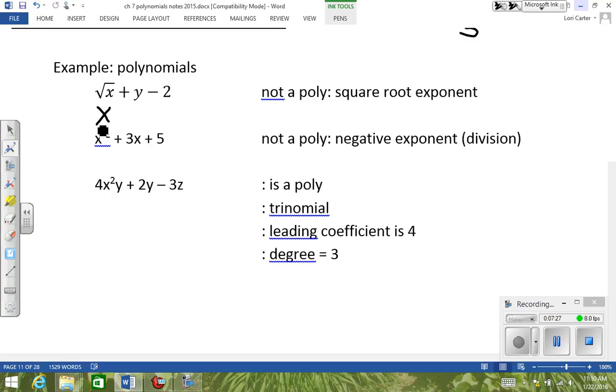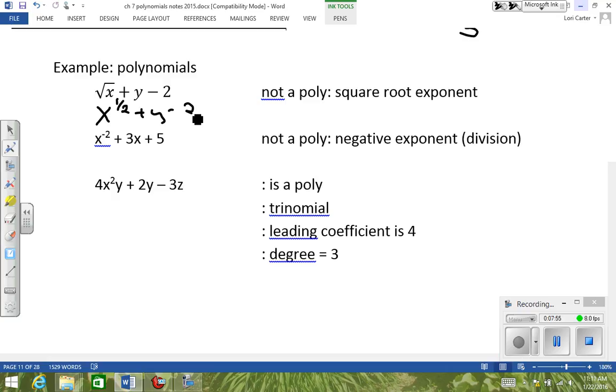So 2 times what equals 1? 2 times 0.5. There you go, 1/2. So this is the 1/2 power. Is that a whole number? No, so it's not a polynomial. It doesn't count.